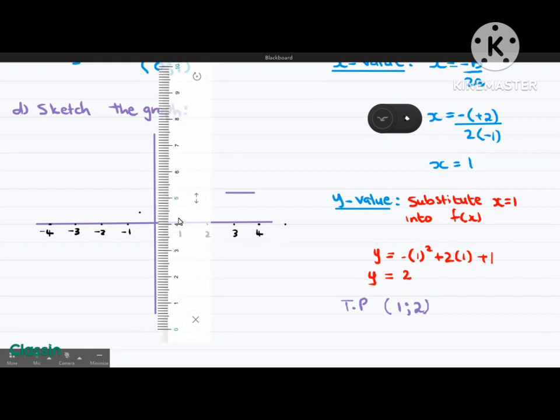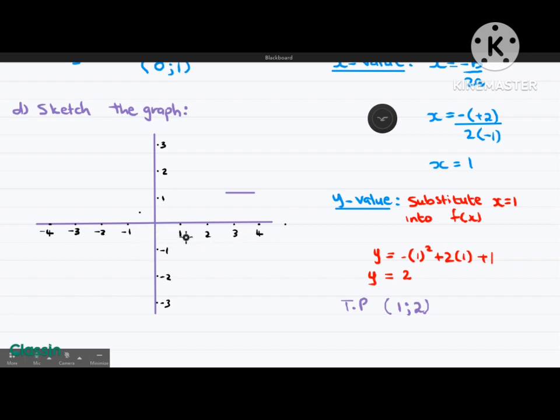Still again, we were at 4. Then I'll have 1, 2, 3, and on this side I'll have 1, 2, 3. So literally, based on this sketch, this is 1, 2, 3, and -1, -2, -3.